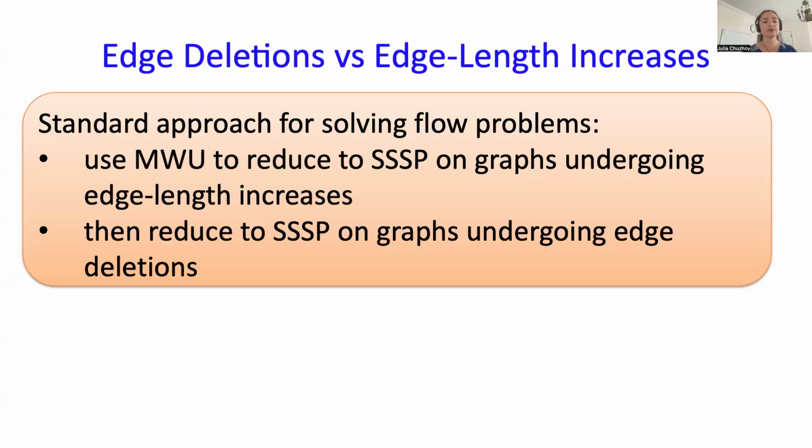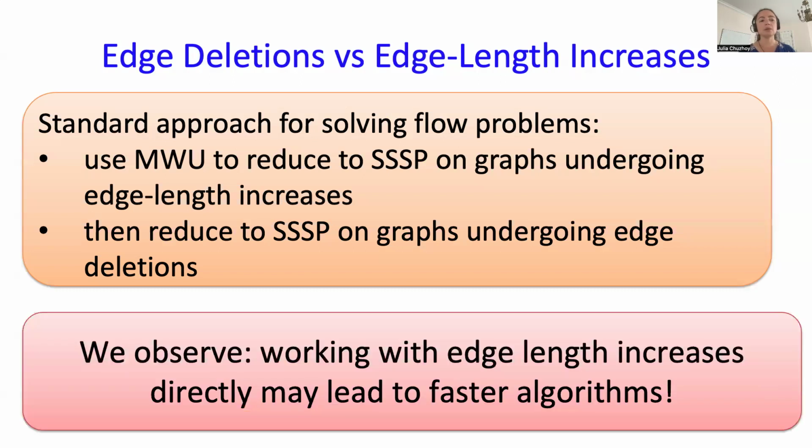And then you can reduce this to single source shortest path on graphs that undergo edge deletions. So ultimately, people usually work with single source shortest path on decremental graphs that undergo edge deletions. So what we observe in our paper is that actually working directly with edge length increases may be more efficient. And this is also something that allows us to speed up our algorithm.